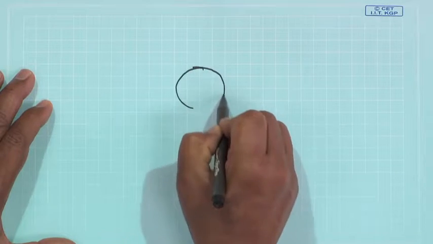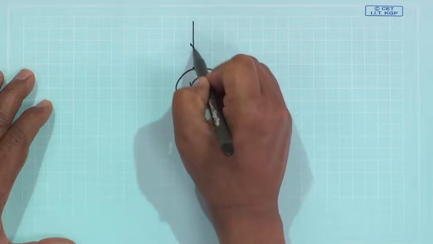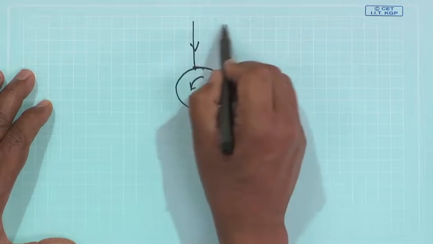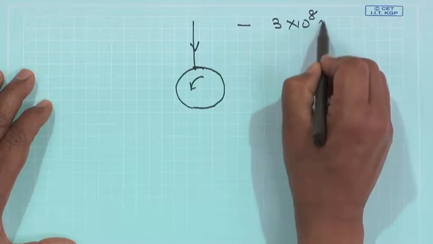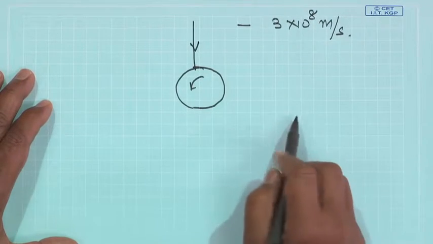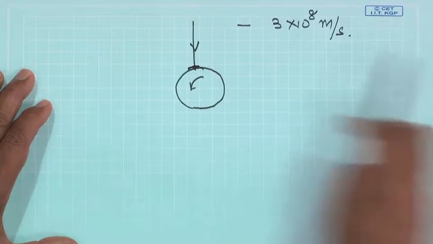What happens? All we do, if a shaft is rotating, we shine a light. As you know, the light speed is very, very high, 3×10⁸ meters per second. So, almost instantaneously you will get a reflection back.